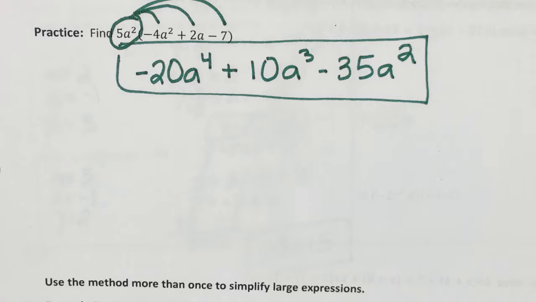Like this is saying I have a times a. I have 3 of those, 3 sets of those. This is saying I just have 2.